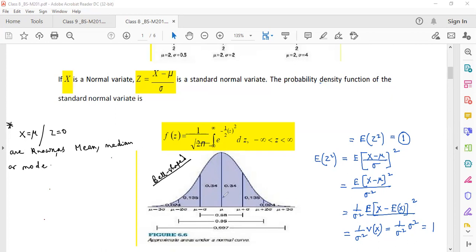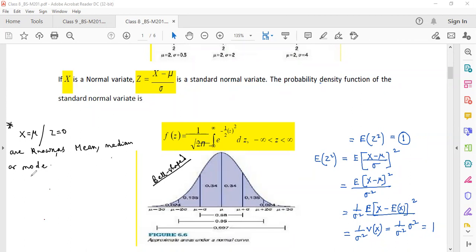It's median because median divides the entire region into two equal halves, and since the left hand side contains 50% of the total area, the right hand side contains 50% of the total area. So this point x equal to mu, here written in terms of the normal variate, is the median. If you write z equal to 0, the same thing happens.